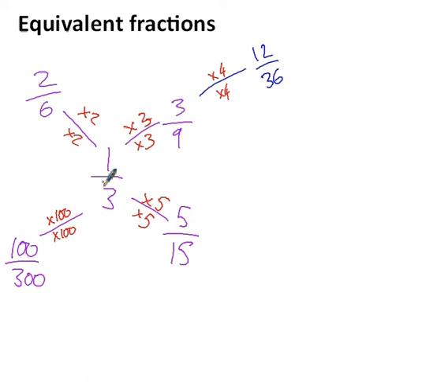They're all equivalent. I could multiply this one over here by 10. Remember, multiply the top and the bottom. So 50 over 150. Multiply the numerator and the denominator by 10. That's 5 over 15 is equivalent to 50 over 150.